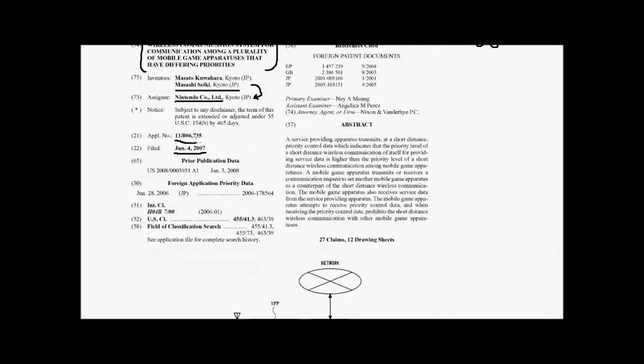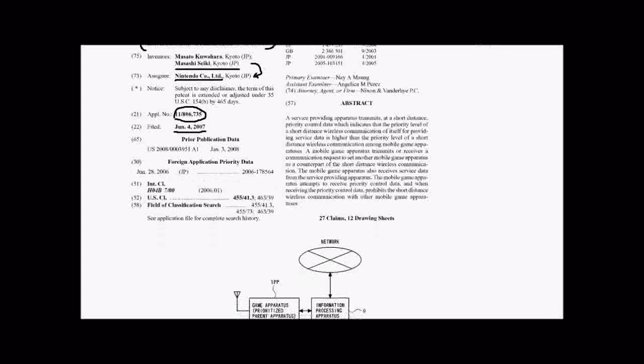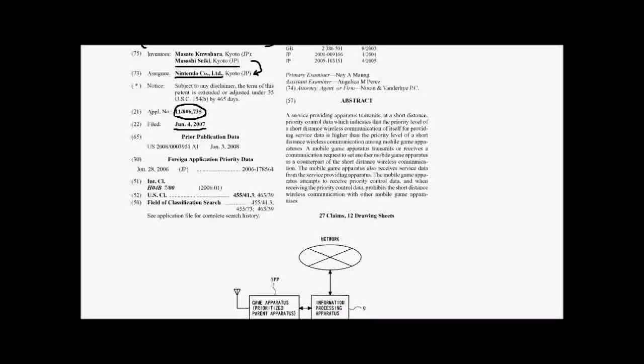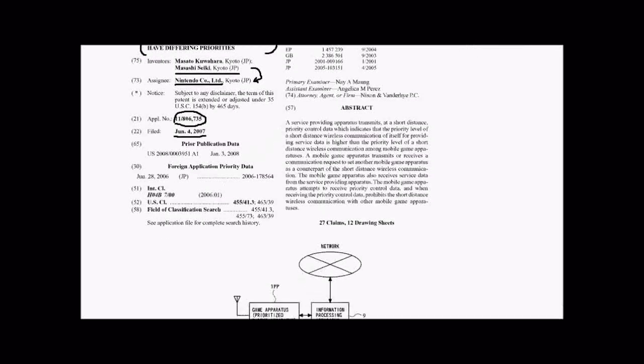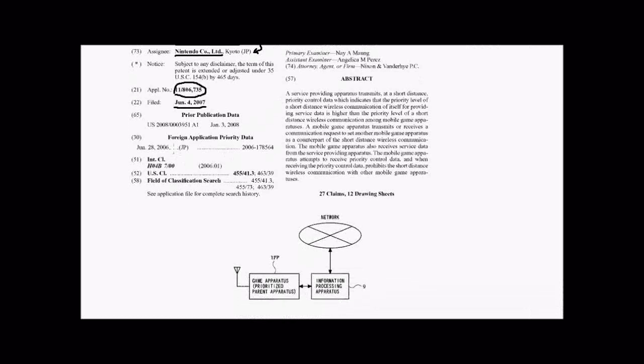Here is the application number. So application number is the file number when the patent application was first filed. There are some other pieces of information as well, which I will not go into further detail because that will require a lot of legal knowledge.